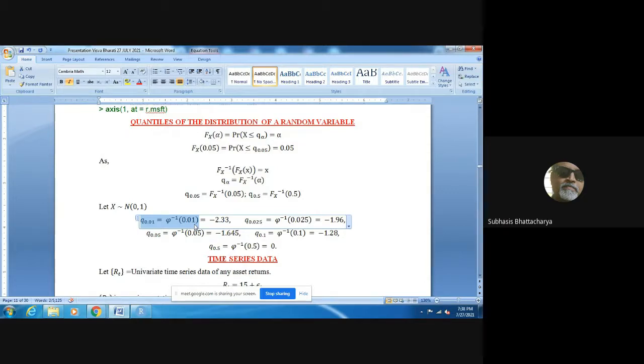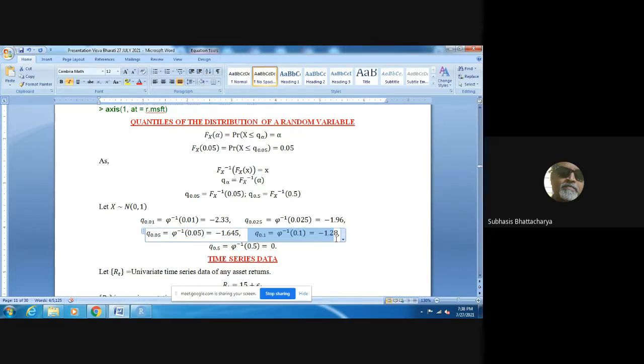For 2.5% area it is 1.96, which corresponds to 95%. For 5% it is 1.645, and for 10% it is 1.28. These are very important, because the concept of quantile will come later in our discussion.